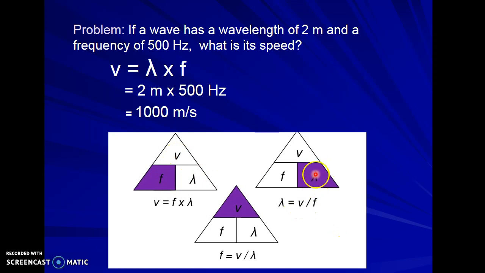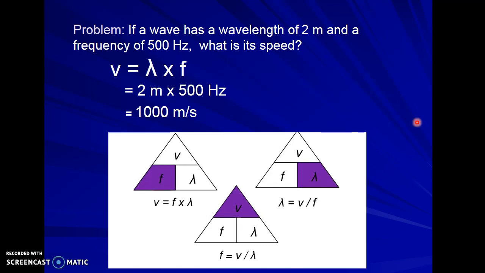If I want to solve for wavelength, I cover it up and I get speed over frequency. If I want to solve for frequency, I cover it up and I'm left with speed over top of wavelength. These 2 purple blocks are reversed. This top one should be purple there. This bottom one should be purple there. But regardless, you can see that we can put it into our triangle to help us rearrange and solve for the other variable.